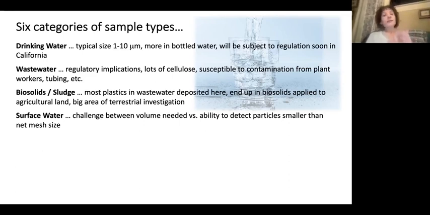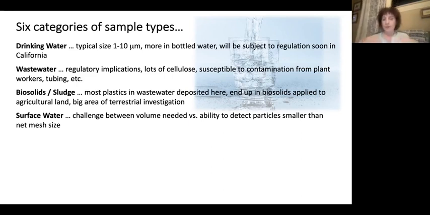Wastewater. Tons of regulatory implications, lots of cellulose from toilet paper. And then this type of sample is also susceptible to contamination from plant workers, from tubing in the plant, lots of other things. Biosolids and sludge are becoming a big topic of discussion, because it turns out that most of the plastics in wastewater end up being deposited in the biosolids.